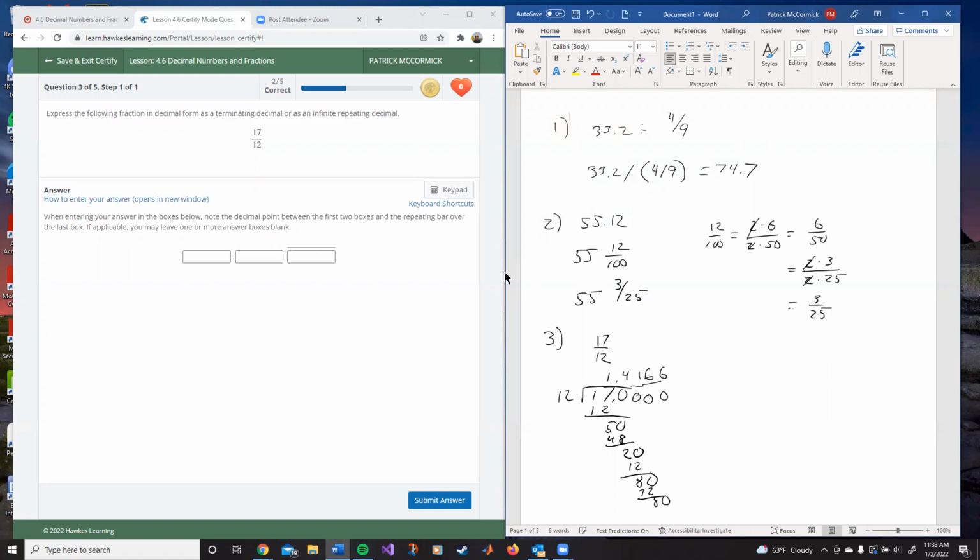And we got 6 again, and off it goes. So we end up with 1.41 and 6 repeating. Let's go ahead and check that in our calculator, right? So 17 divided by 12, 1.41, and then 6 repeating.